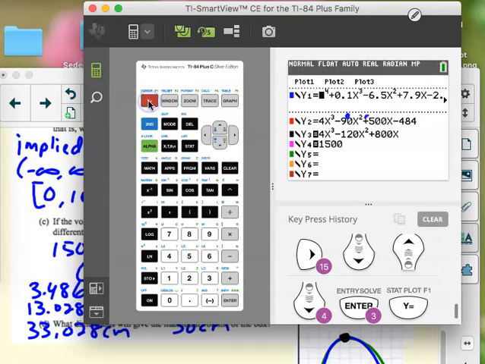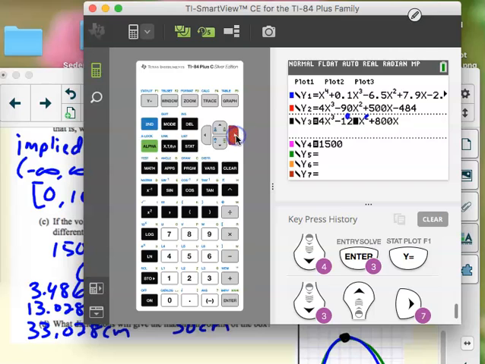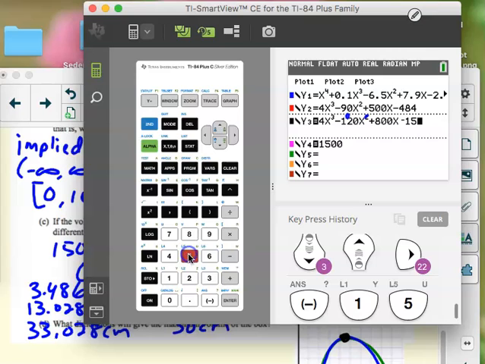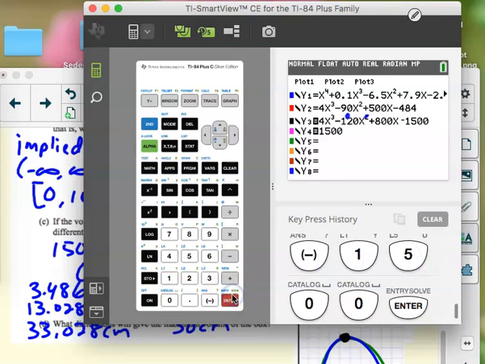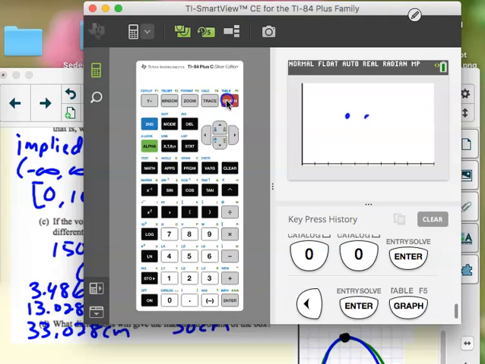So for that one, we would go back in and we would actually put the minus 1500 back here, and graph that.